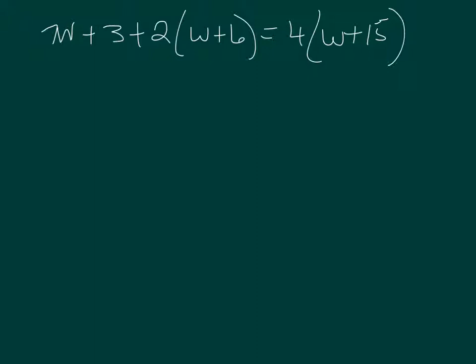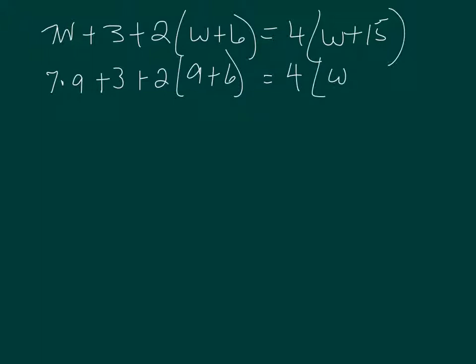So we're going to substitute 9. We got w equals 9. We're going to substitute 9 every place we have a w. So 7 times 9 plus 3 plus 2 times 9 plus 6 equals 4 times w. Whoops, not w.